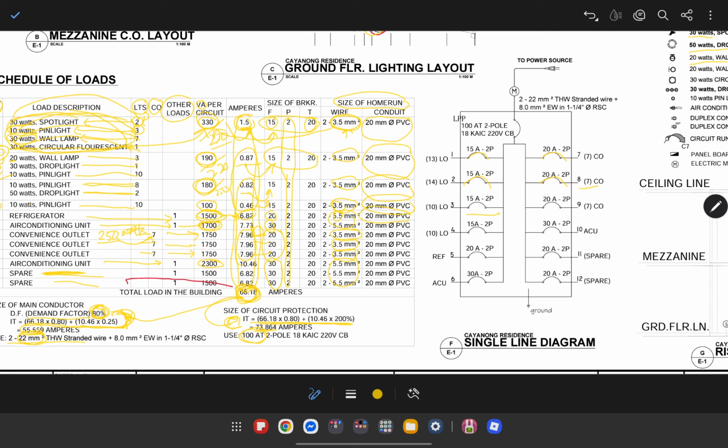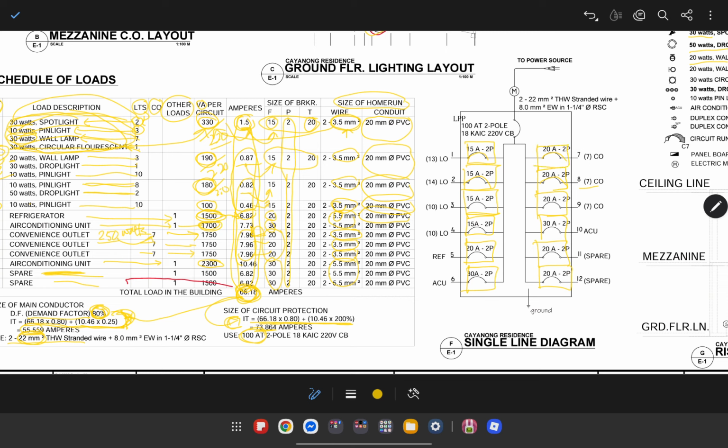So this will basically show you the arrangement of your panel board, the sizing of the circuit breaker that you will be needing. So if you can picture out the circuit board that I've previously shown you, this is how it looks like. There's a circuit breaker again, same as for the other side, circuit breaker.